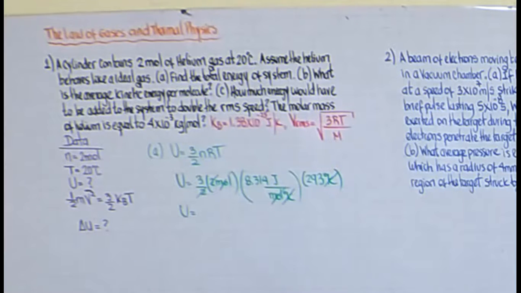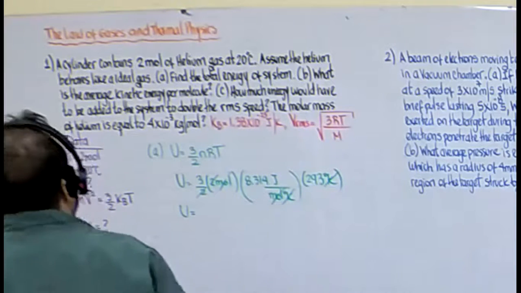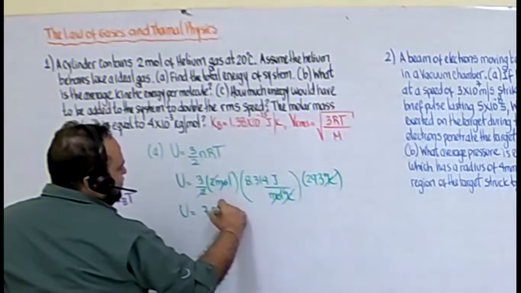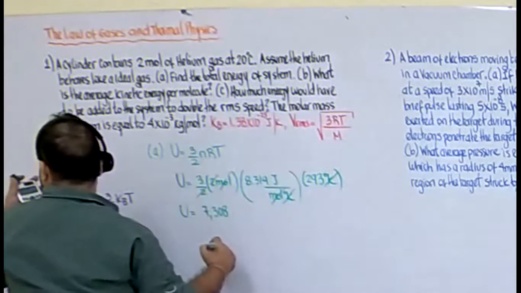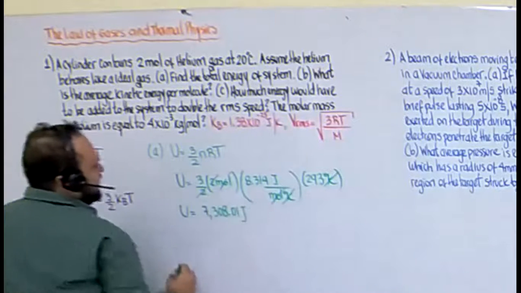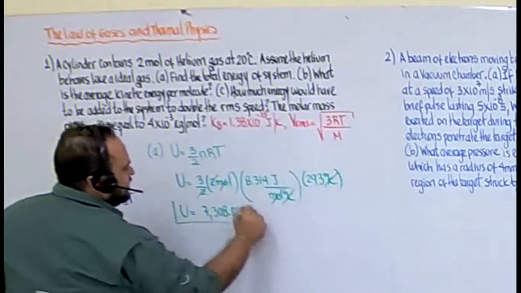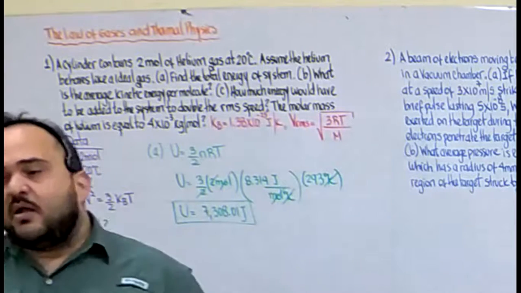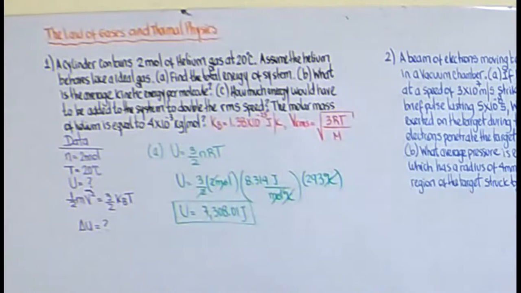So the internal energy will be 7,308.01 joules. This is going to be the first answer. Why? Because we're talking about helium, a monatomic gas.